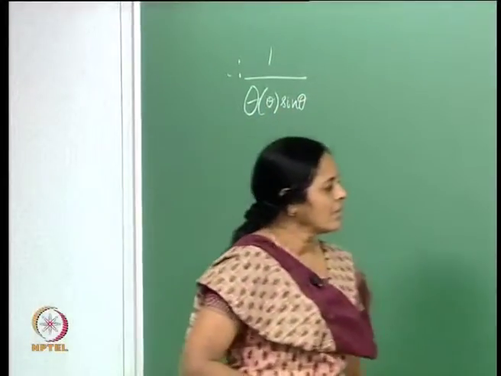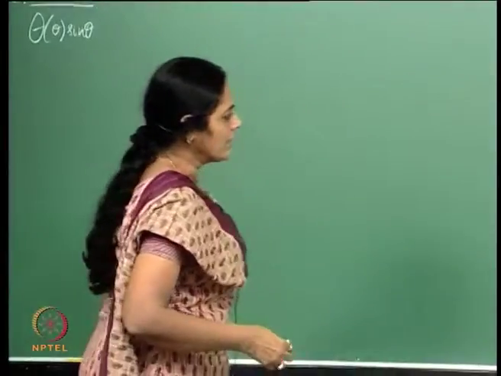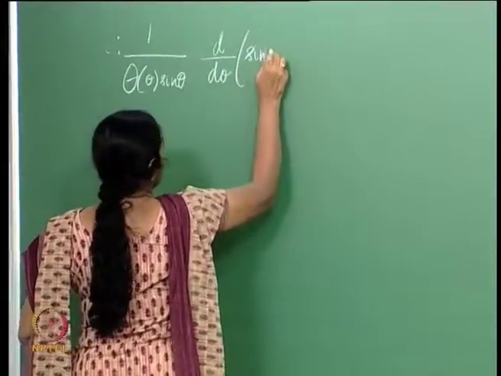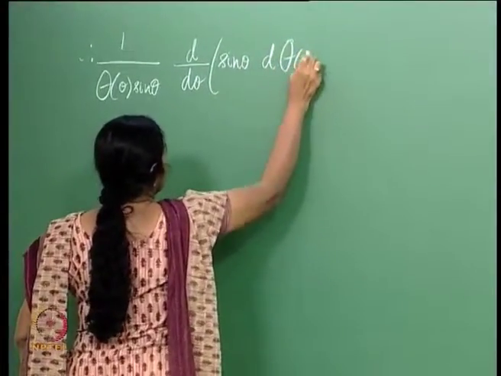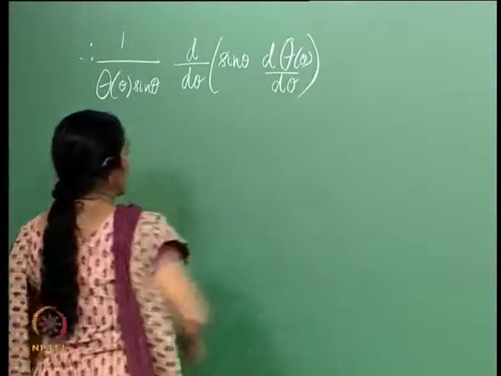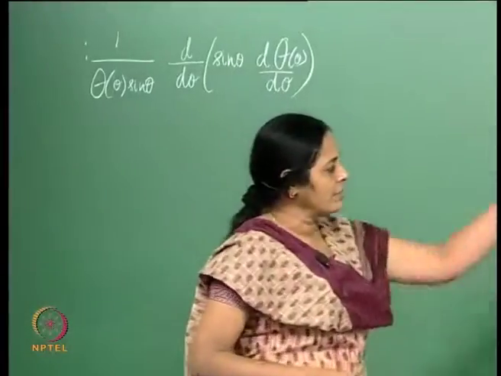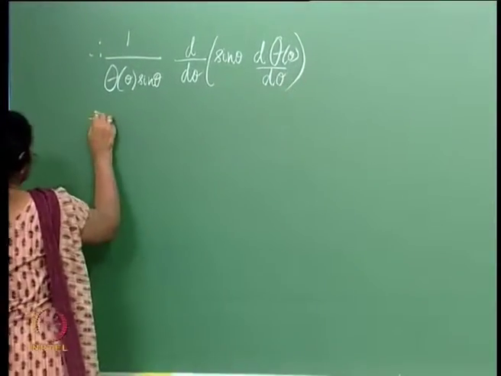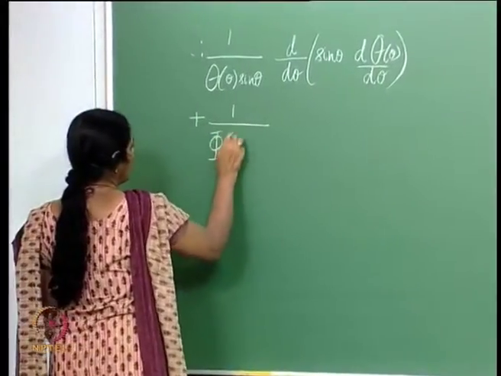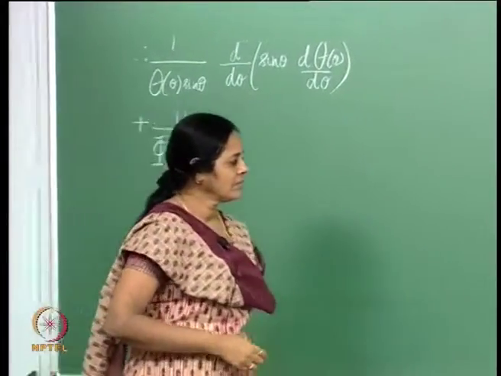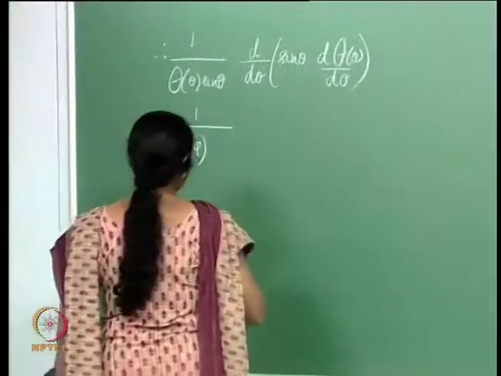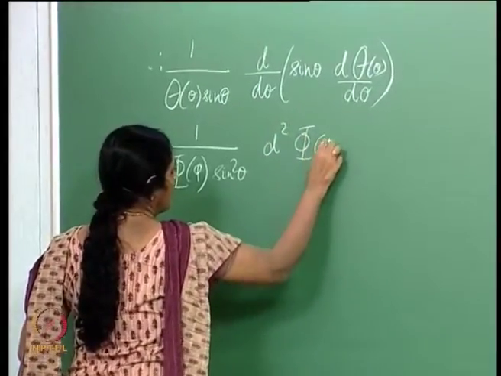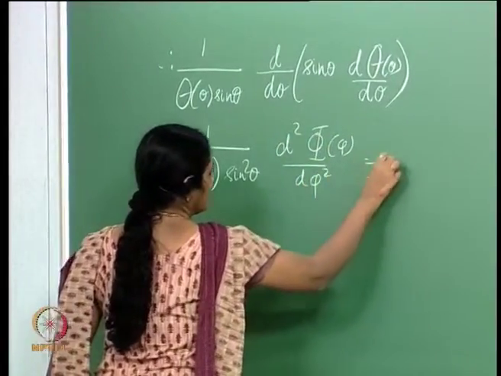Therefore, I have 1 by sine theta, theta of theta, d by d theta of sine theta, d by d theta of theta, that is the first part, plus 1 by phi of phi sine squared theta d2 phi of phi by d phi squared is minus lambda.